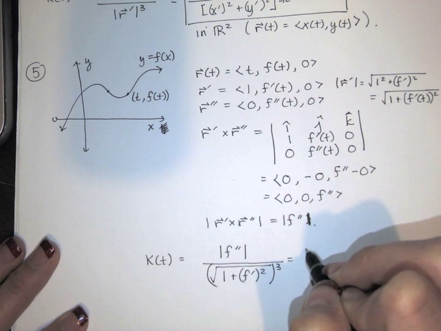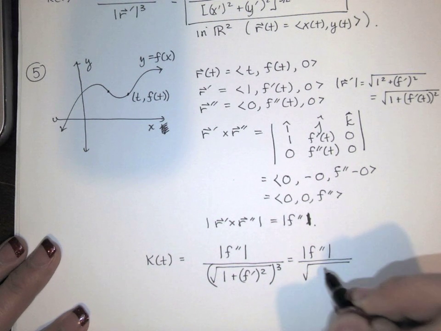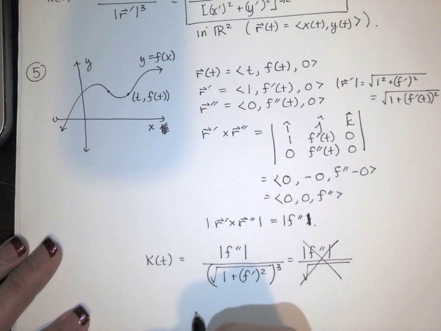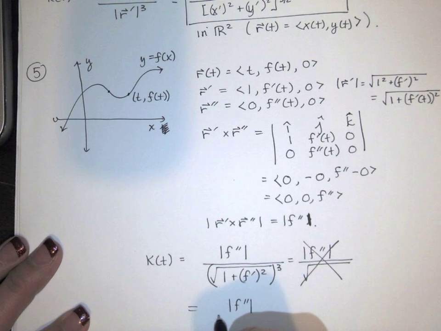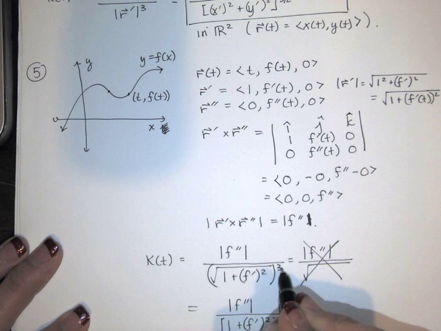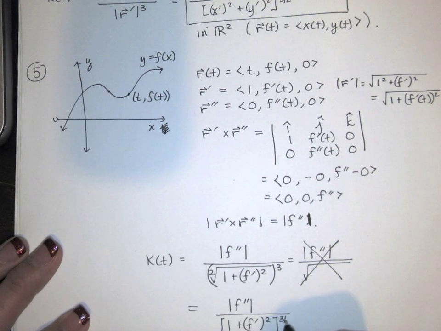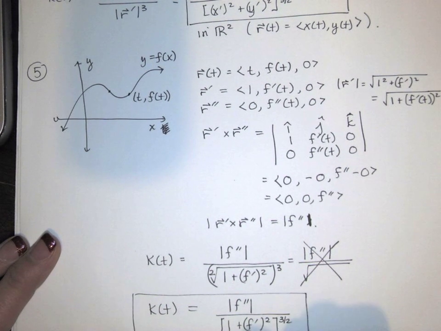Or if you prefer, if I take the square root of something and raise it to the third power, that's raising that whole thing to the 3/2 power. So that is our fifth and final formula for curvature.